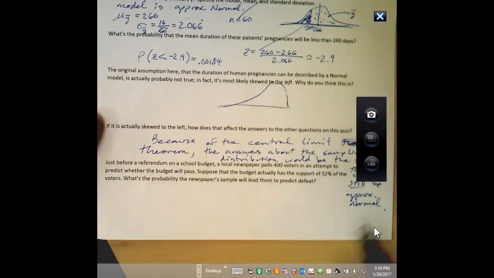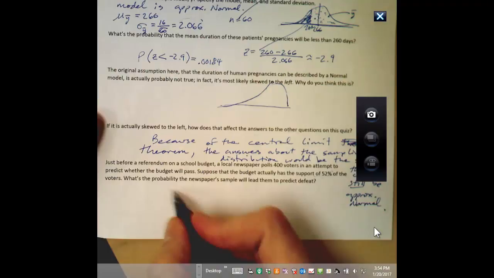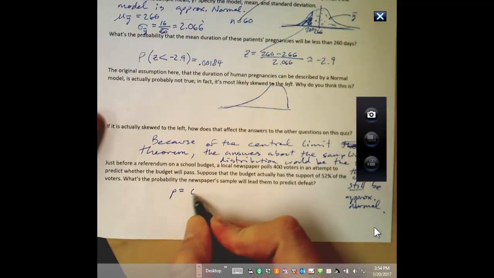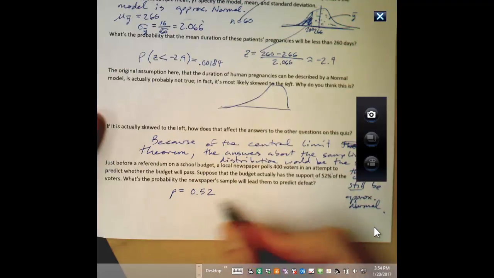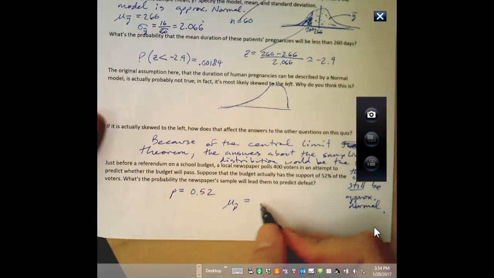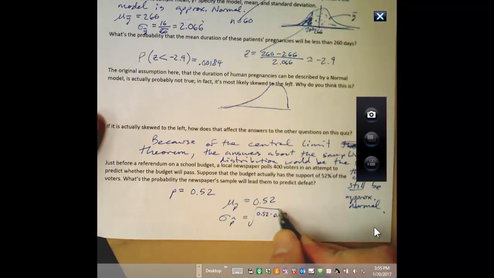So let's say the budget actually has a support of 52%, so that's our p. The average of the p hats is going to be equal to p. Maybe I should have written that a different way, maybe expected value, but I'll keep it like that. And the standard deviation of the p hats is going to equal the square root of p times q over n.